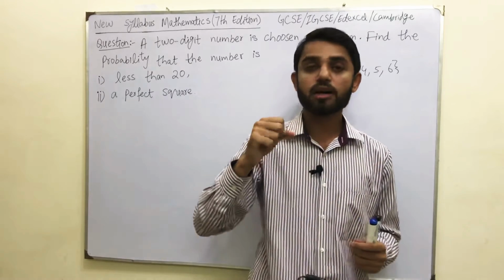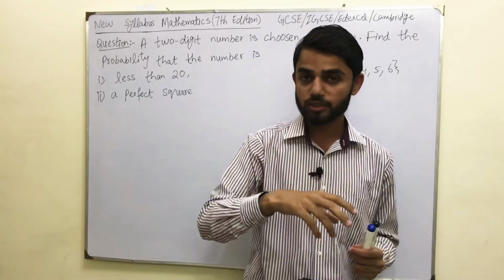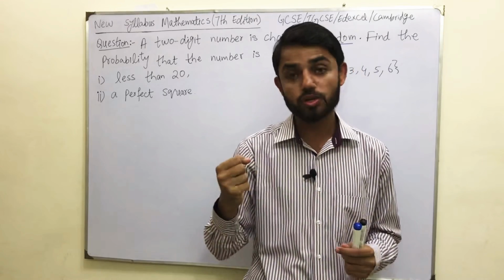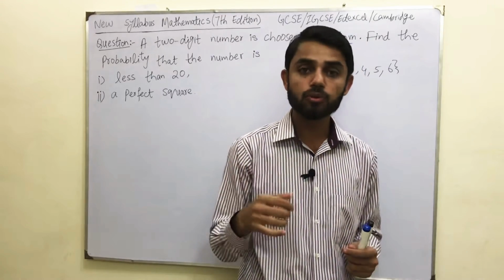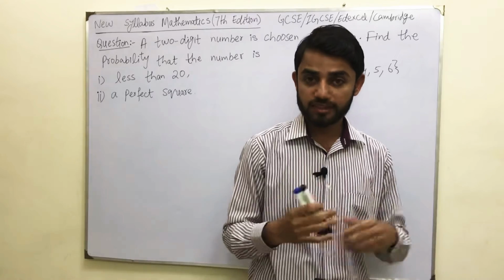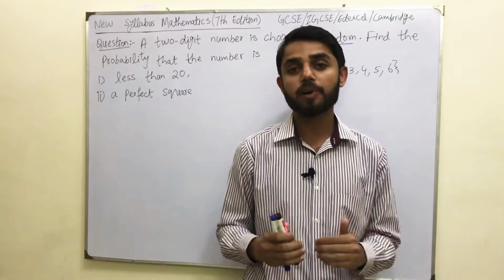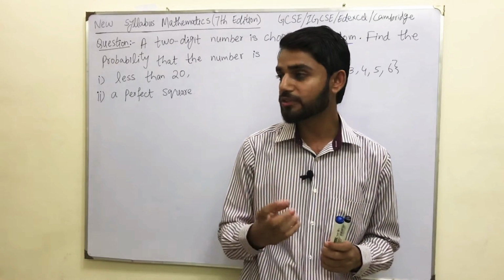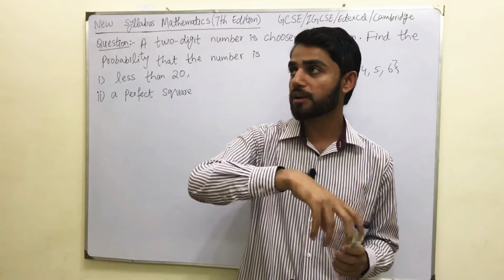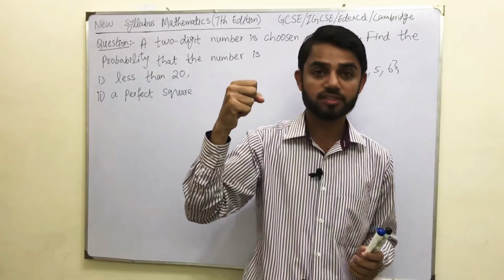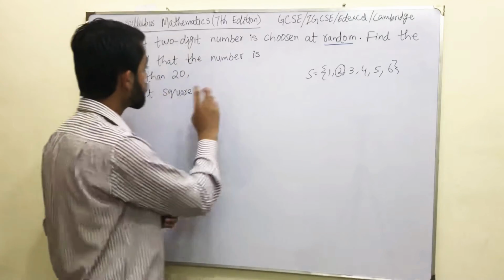What are the chances that the ball you are picking at random is going to be black or blue or red? This is what it means by random: you are not looking at things, you are looking somewhere else and picking a ball at random. So what are the chances? That is what we are going to do here.